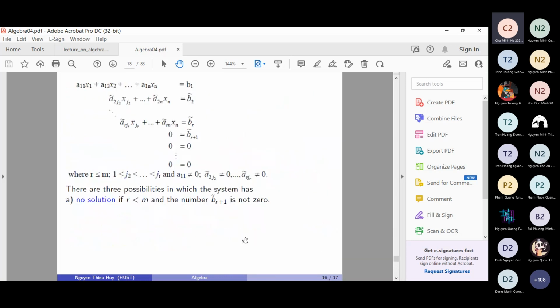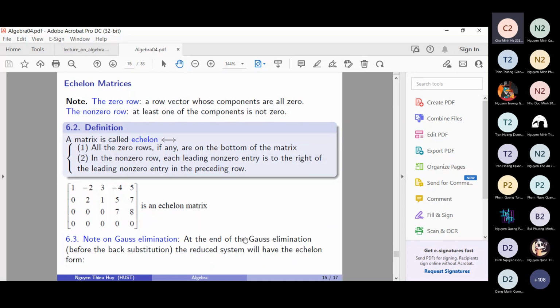Okay, now we have the following note on Gauss elimination. At the end of Gauss elimination, before we do the back substitution, we have an echelon form of the augmented matrix, and then the system also has the echelon form.